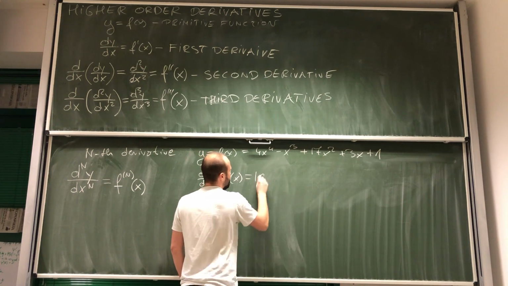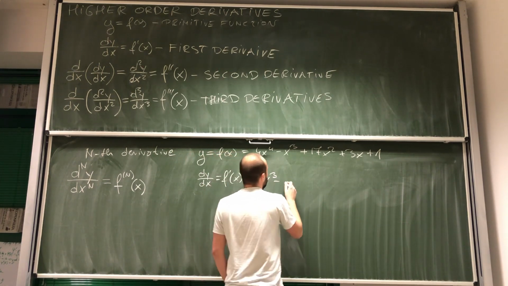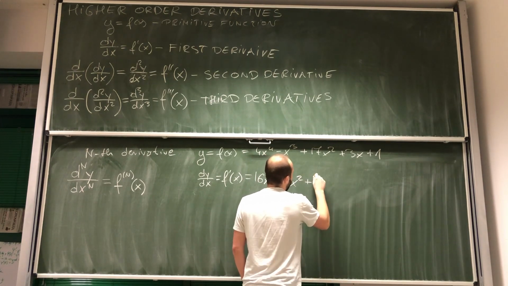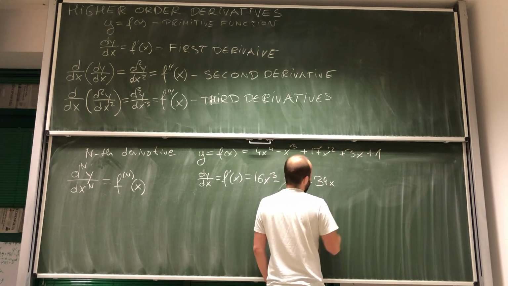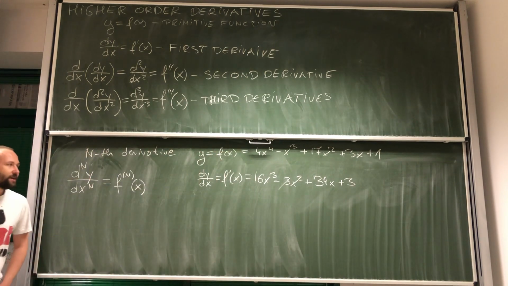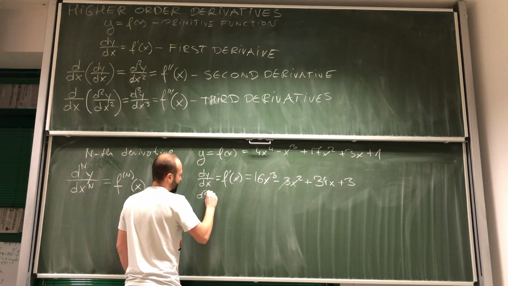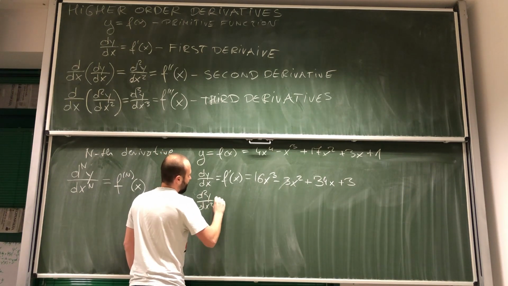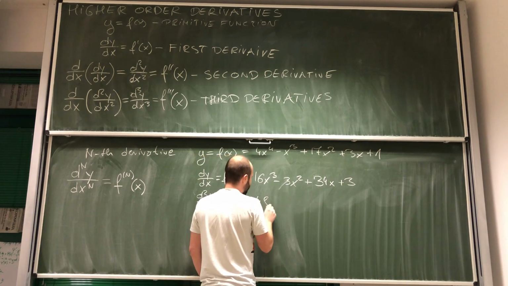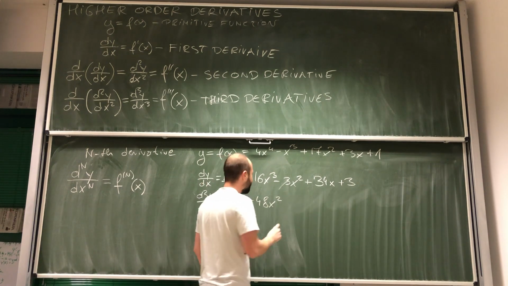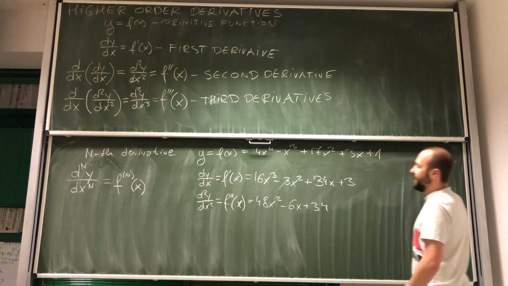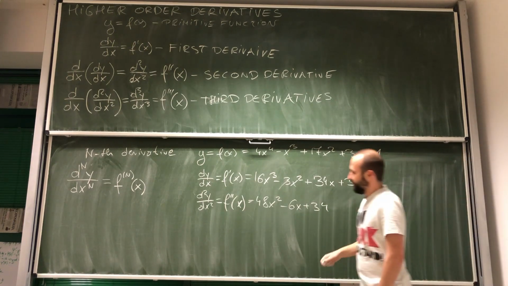And I'm getting that this is 16x to the power of 3 minus 3x squared plus 34x plus 3, right? 1 is gone in differentiation. Then we can calculate the second derivative. So d squared y over dx squared equals f double prime of x. And now we've got 48x squared minus 6x plus 34. Okay, now we can calculate the third derivative.